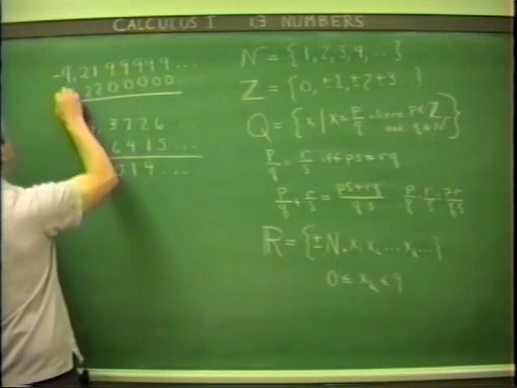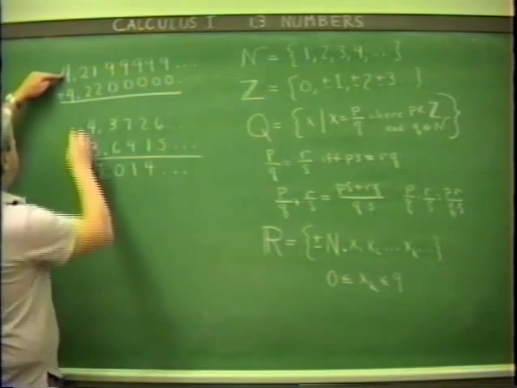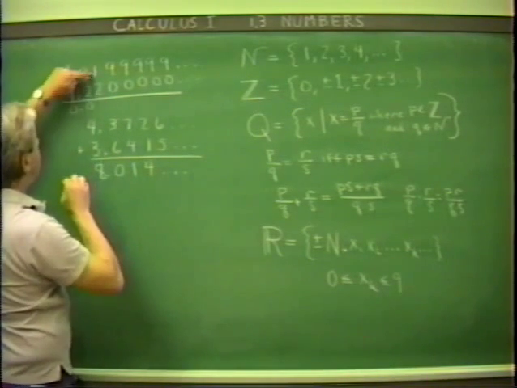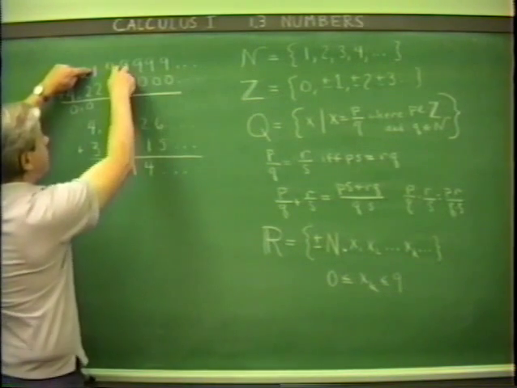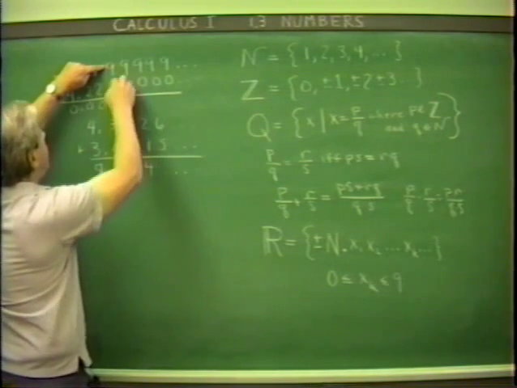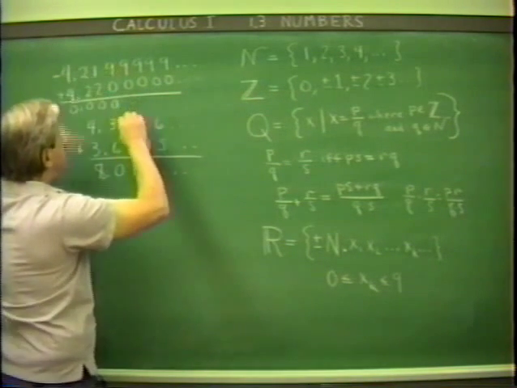If we were to subtract this number here from this one, what's going to happen? We're going to have 4 minus 4 is 0. 2 minus 2 is 0. 2 minus 1 would normally be 1, but we have to borrow 1 here, so it's going to be 0. 0 minus 9, again, would be 1, except we have to borrow 1 from here, so it's going to be 0.